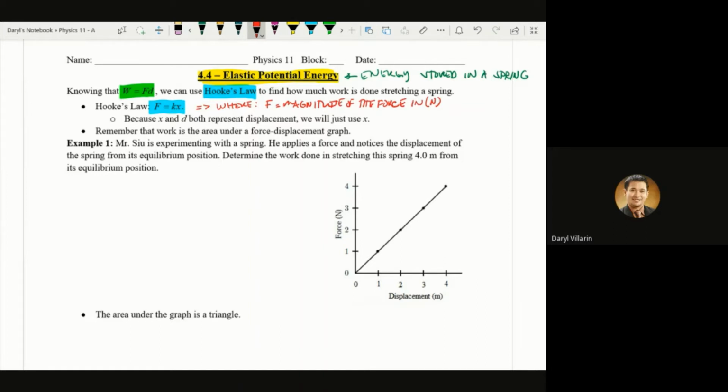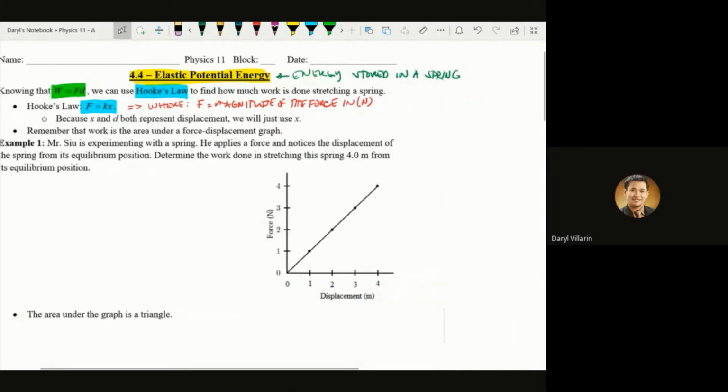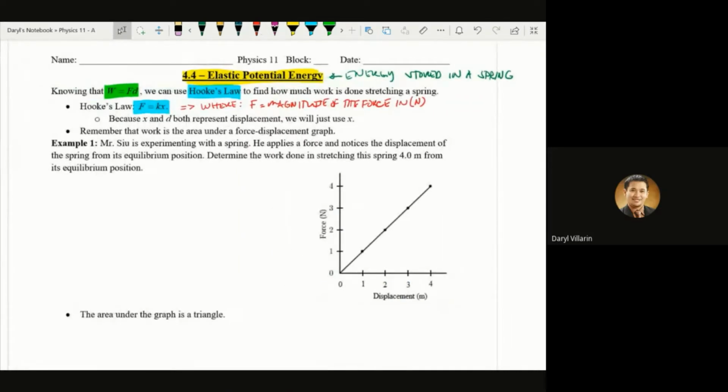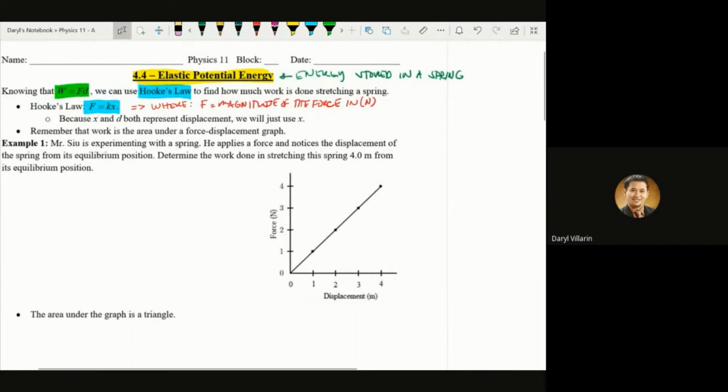Displacement means when you try to displace your spring, either stretch it out or compress it. Again, I'm just talking about the magnitude here. According to Hooke's law, the magnitude of the force is given by Kx. And what is that K?